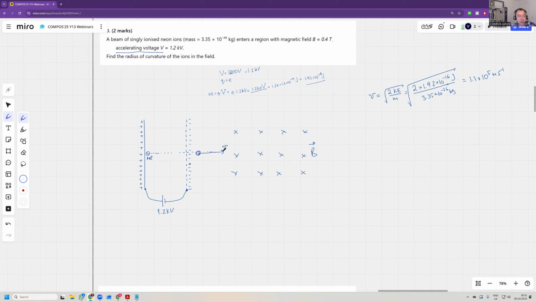The magnetic field is into the page, so the force is going to be upwards, and they will be deflected upwards. And we need the radius.